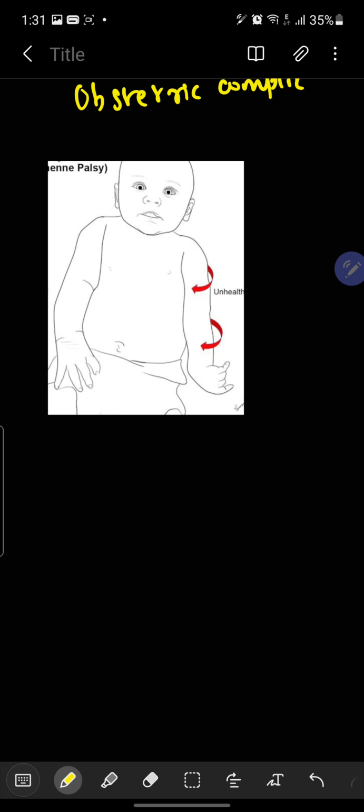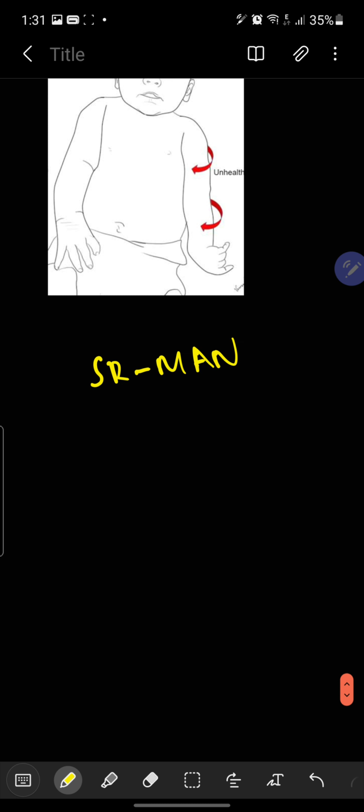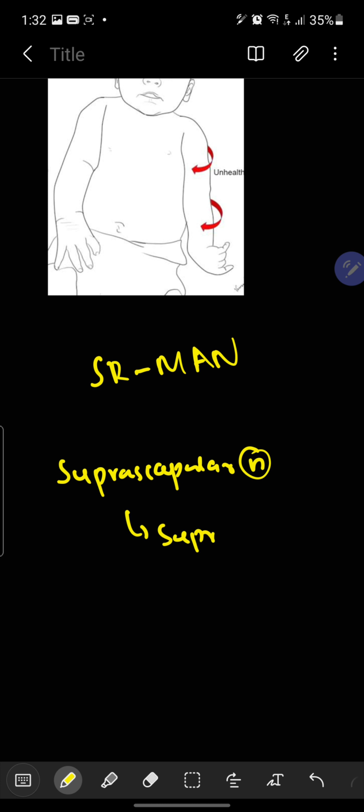In Erb's palsy, what are the nerves which are affected? Remember the mnemonic SR MAN. S: suprascapular nerve. This is supplying supraspinatus and infraspinatus muscles. So they will be affected.